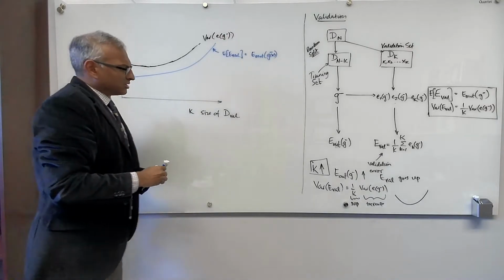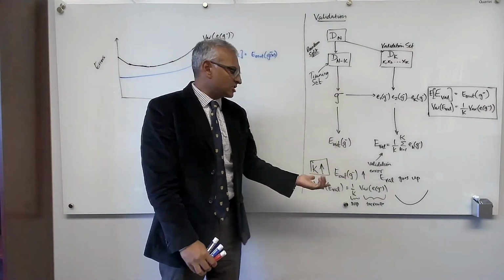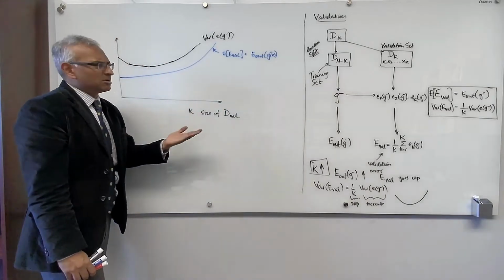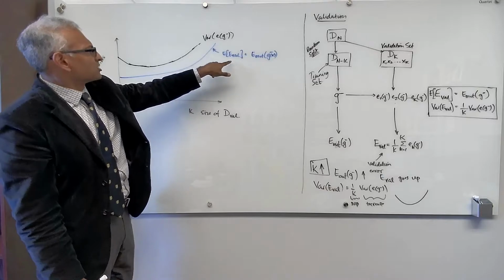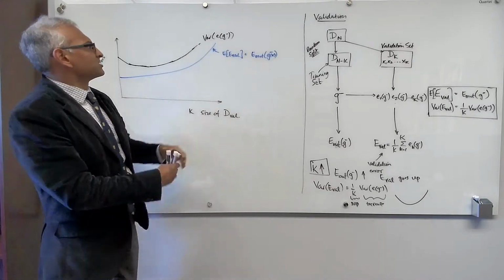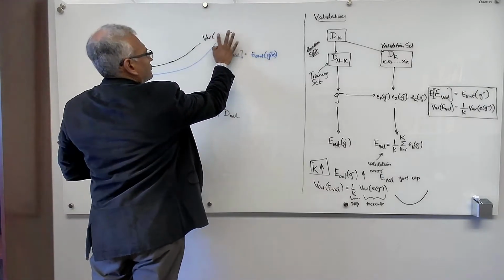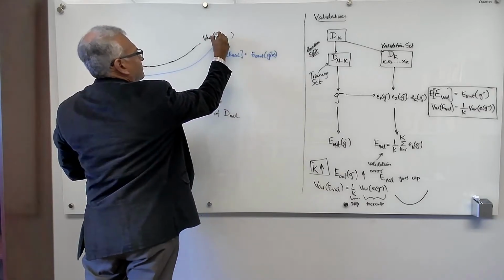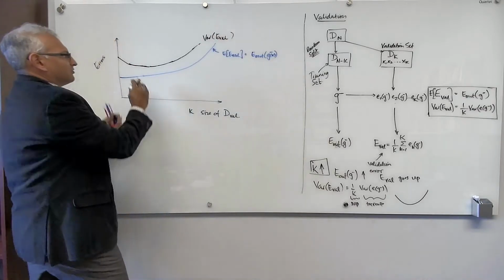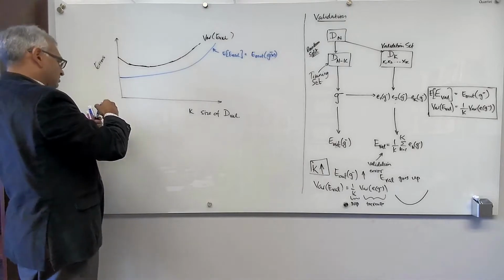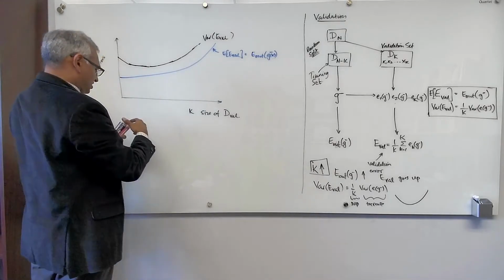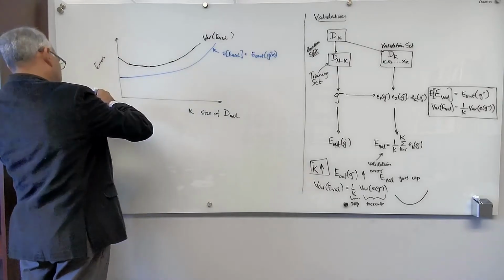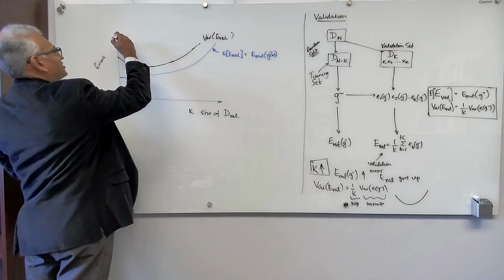If you think about the true out of sample error, you can get probabilistic bounds with respect to the expected value of E_val and its variance. If you add these two quantities, let's say the square root of the variance plus the expected value of E_val, it's going to look something like this, a picture that we have seen before.